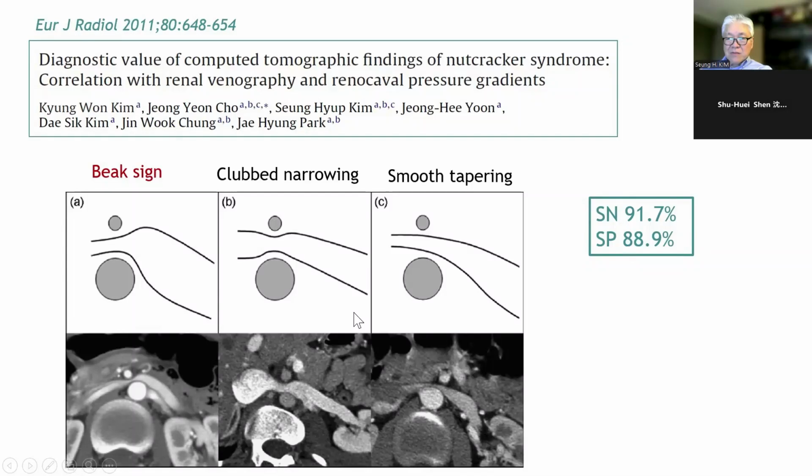But one thing is that CT is usually done with the patient holding their breath, and the situation in this aortomesenteric space is quite different from the compression status with normal breathing.